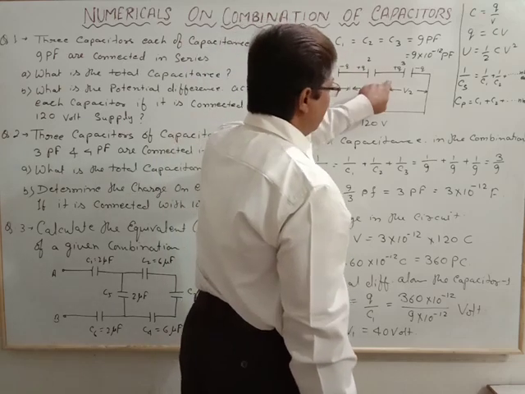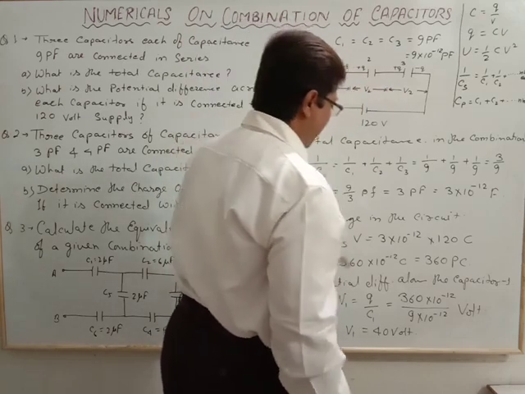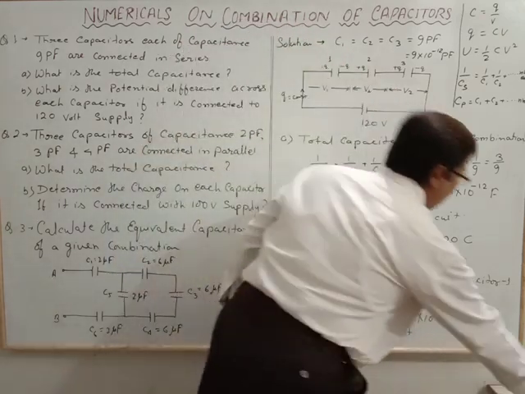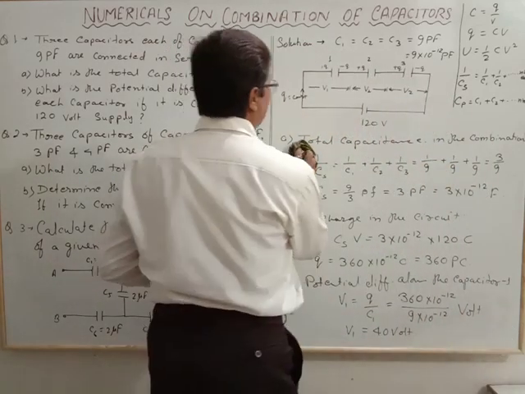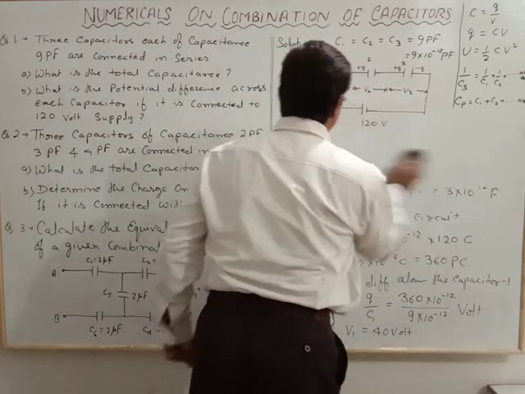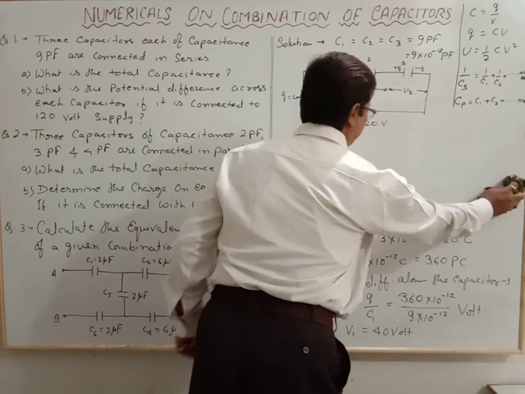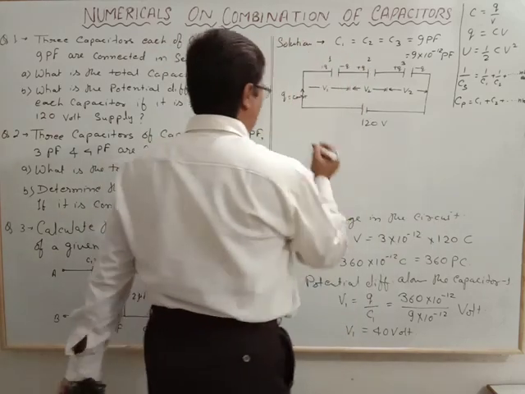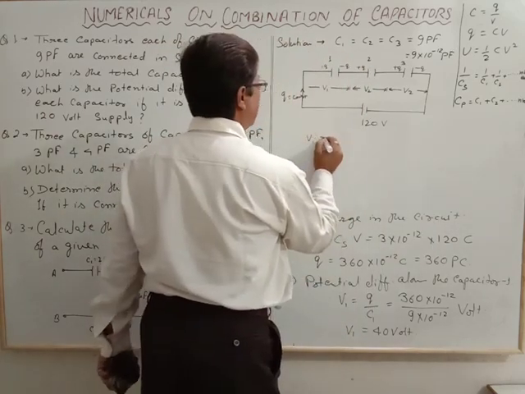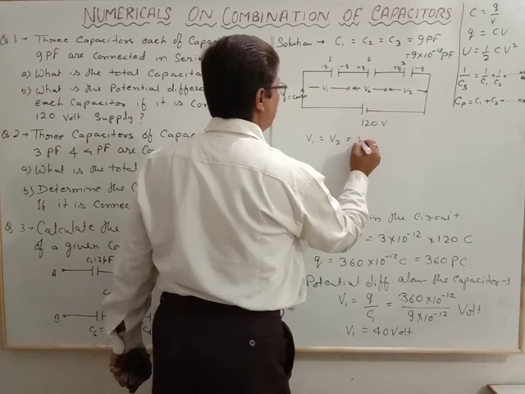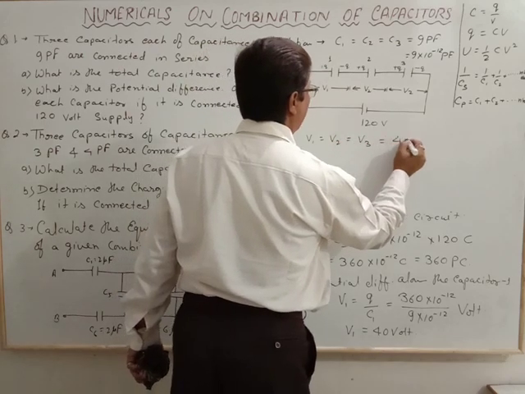Capacitance is the same, charge is the same, so the potential across each capacitor is also the same. So we can write V1 is equal to V2 is equal to V3 is equal to 40 volt.